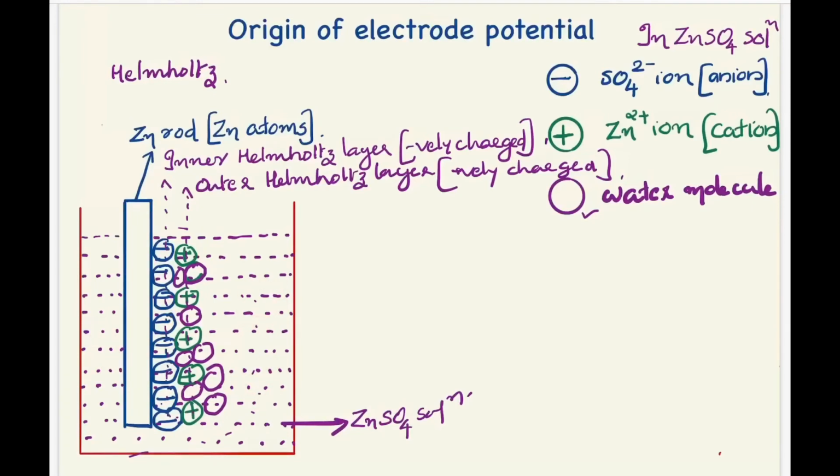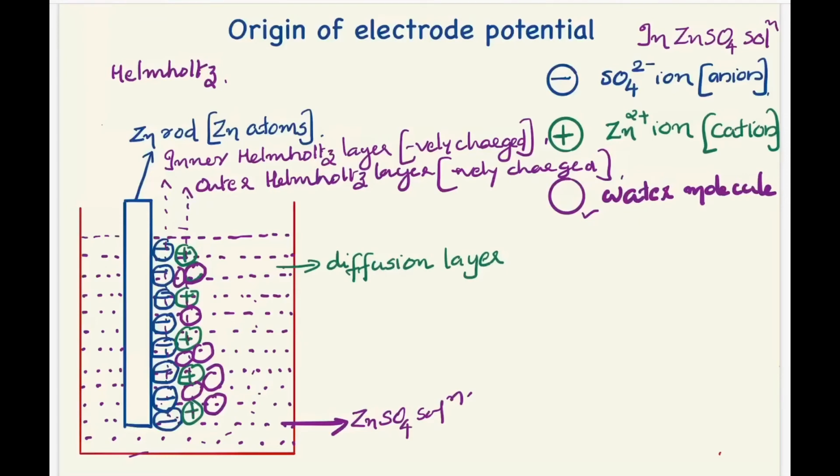So the number of zinc ions and sulfate ions reduced in this area. So we call this area as diffusion layer, which contains zinc ions, sulfate ions with lower concentration.